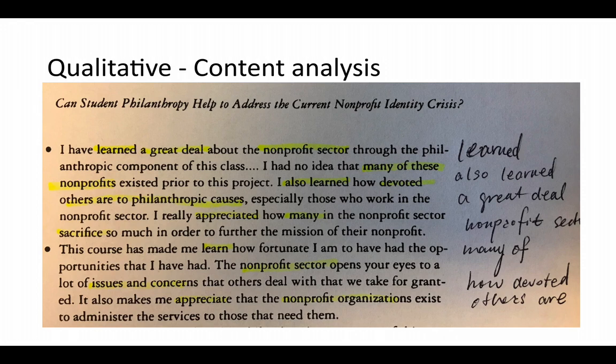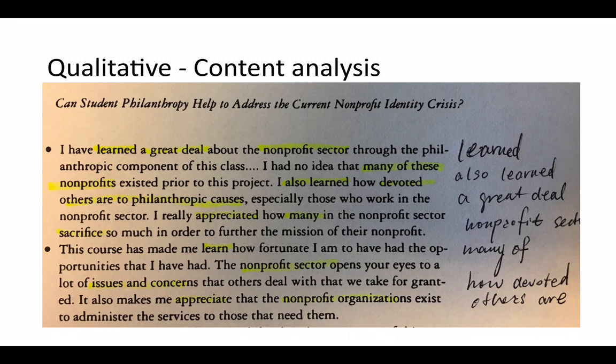Okay, so the research question here, we are particularly interested in whether or not students actually learned something from student philanthropy courses, and if they did learn something, what kind of things they learned, right? So I only use two examples, but there are actually more. All right.